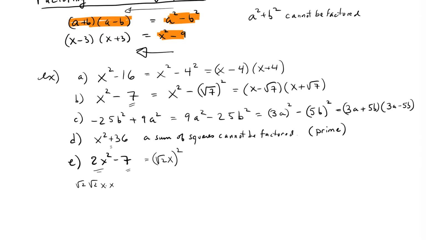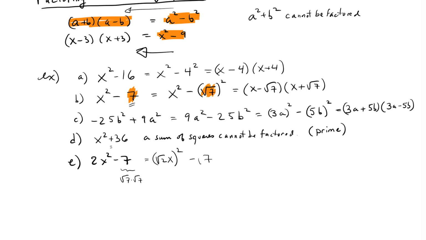So once again, it's similar to the example where I thought about 7 as square root of 7 squared. Remember that every time you've got a positive number, you can always think of it as the square of something. It's the square of its square root. And minus 7, well, that's root of 7 times root of 7.